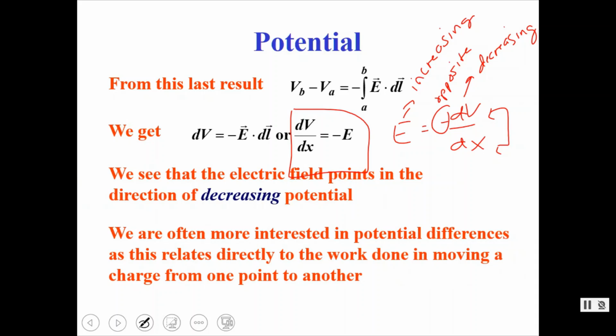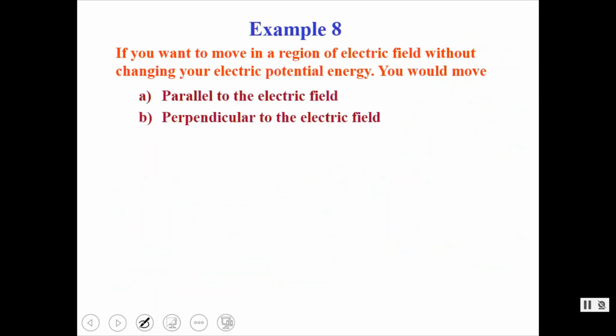And we're often more interested in the differences in potential, that delta V, because that's what we can actually measure, and it relates more directly to work. In my opinion, since a lot of what we do is measure things, and we use our multimeter, and our multimeter measures difference in potential, not potential energy or anything else, that's another good reason for that delta V. So here's an example.